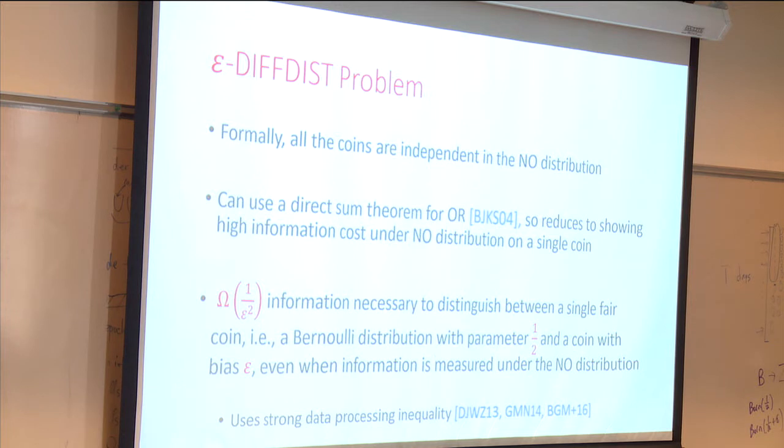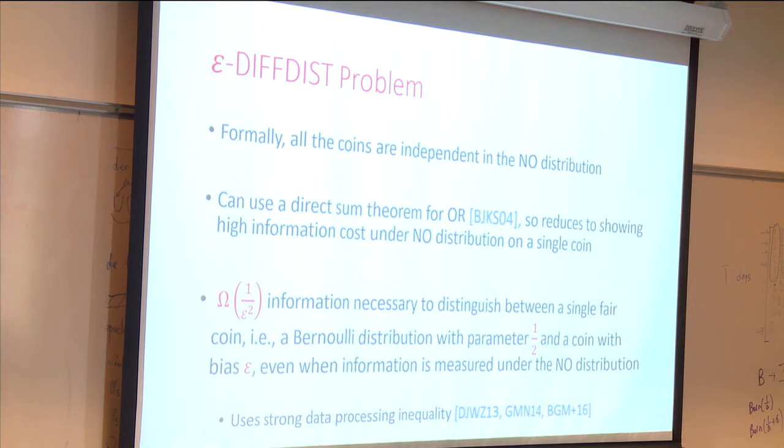And I look at the information that this protocol, the transcript of the protocol, reveals about the bit. By standard data processing inequalities, I have a Markov chain here. And a strong data processing inequality would say, oh, well, it's actually much less. Okay, so that's what we use here.